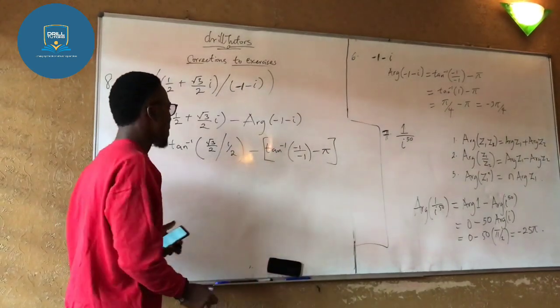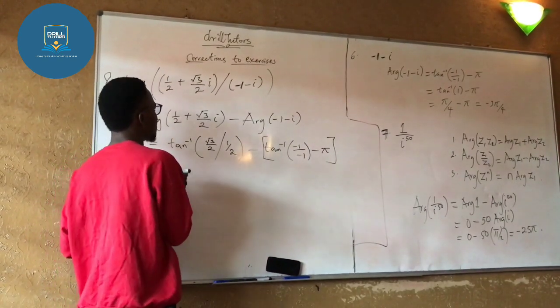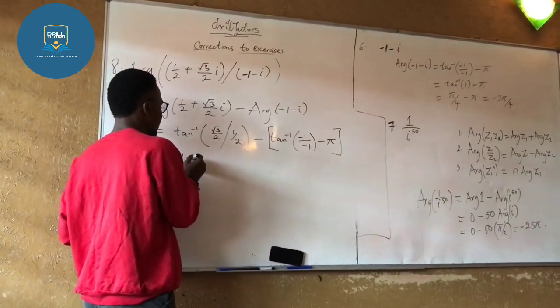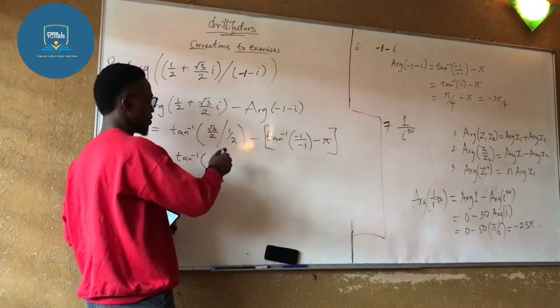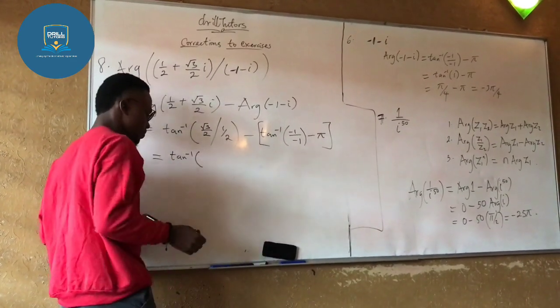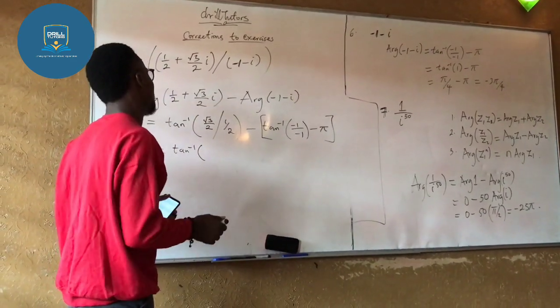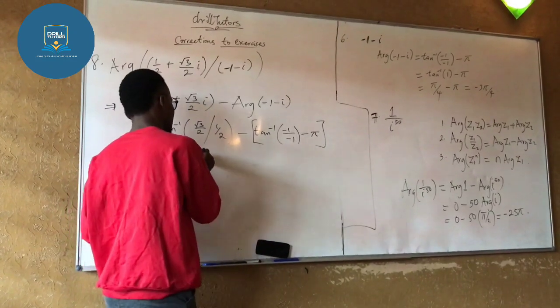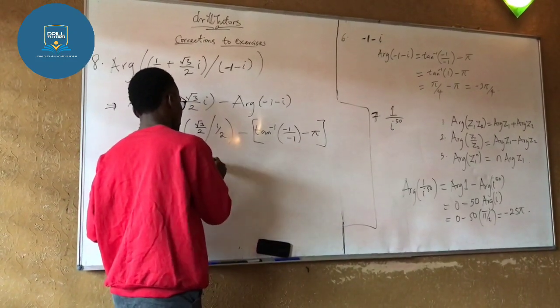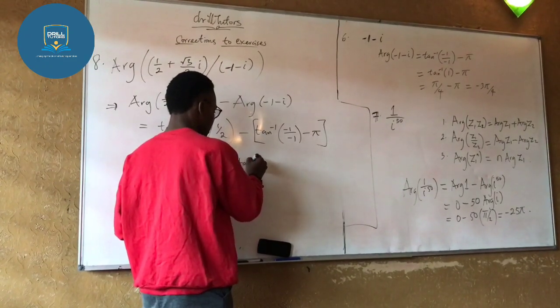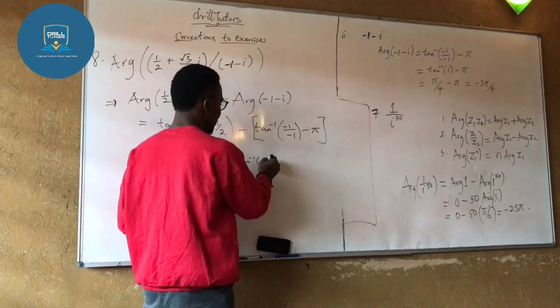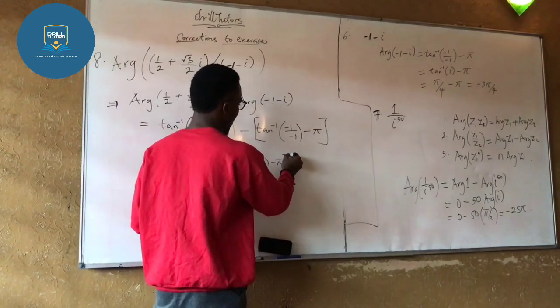So this is the same thing as tan inverse of, if you evaluate that, tan inverse of root 3 minus tan inverse of 1 minus pi.